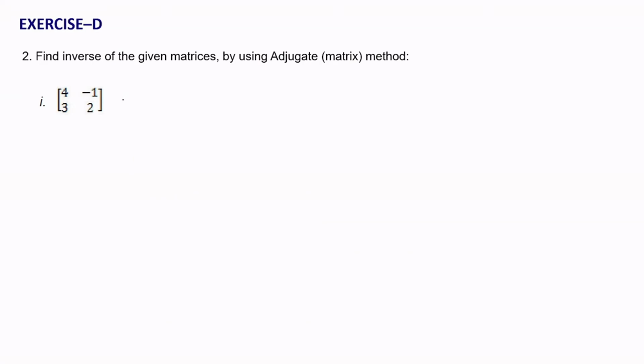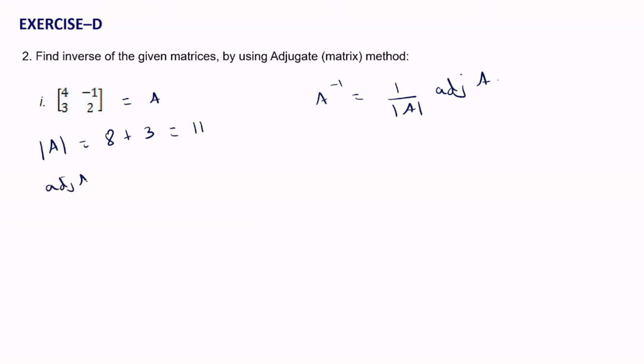So let us take this as equal to A. Now we know that A inverse is equal to 1 by determinant of A into adjoint of A. First we have to find determinant of A and see whether it is equal to 0 or not. If it is equal to 0, we cannot find A inverse. If it is not equal to 0, then we can find A inverse. So determinant of A is 8 plus 3. This is equal to 11.